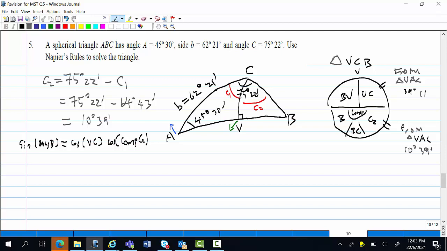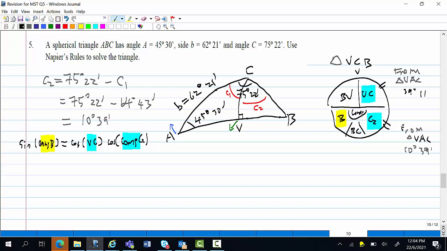With these two, we are able to find the angle B now. So we can use the color code here, B, and then VC and C2 are in the blue region now, opposite. So we can see that sine of co-B is equal to product of cosine of VC and product of co-C2.